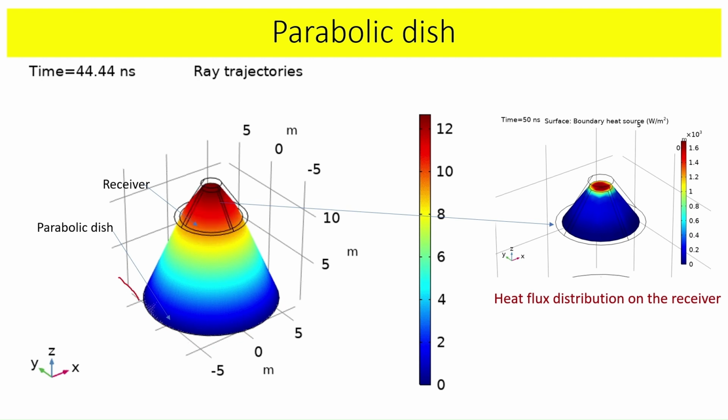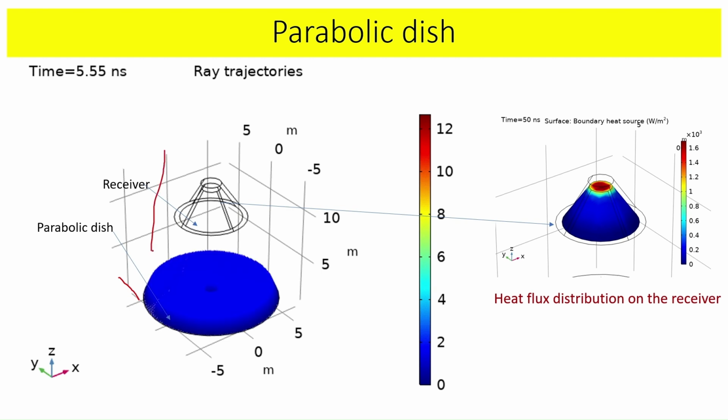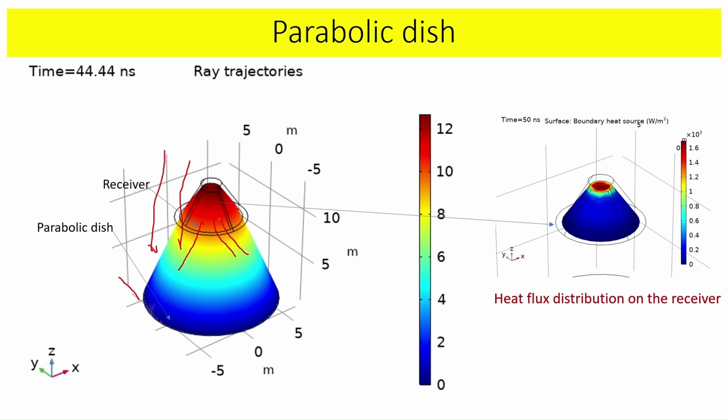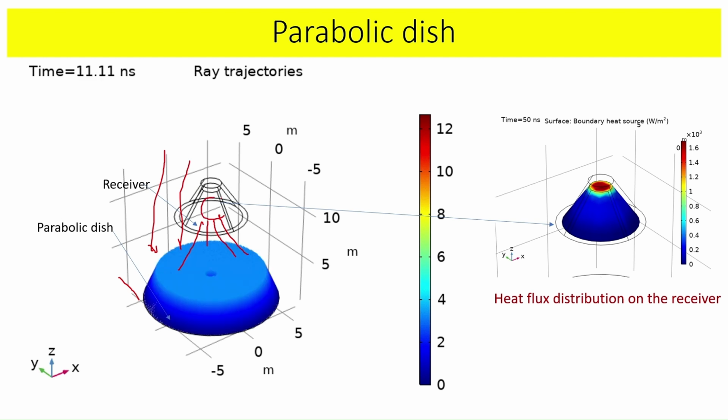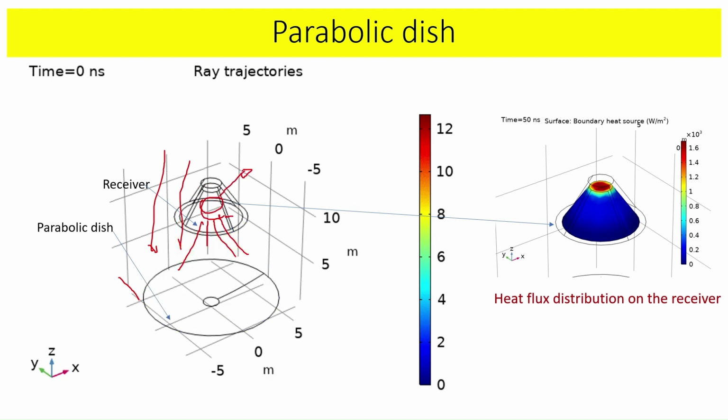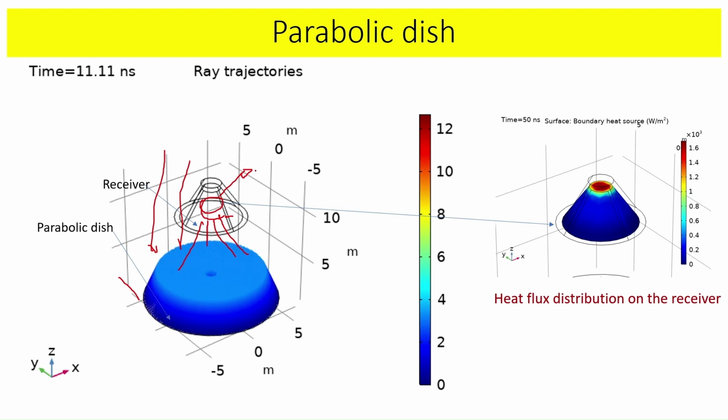Okay, the sunlight falls on this parabolic dish, and it's getting focused at the absorber or the receiver, and there are tubes inside the receiver through which working fluid is flowing, and this way you take out the hot fluid which you can use for various other purposes. So here we have shown the heat flux distribution on the surface of the receiver.